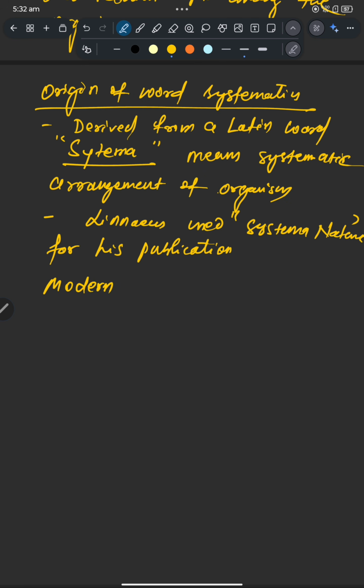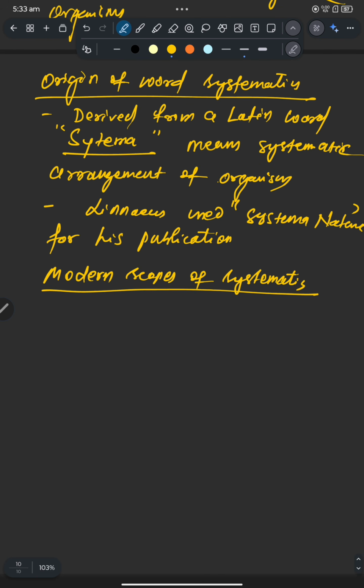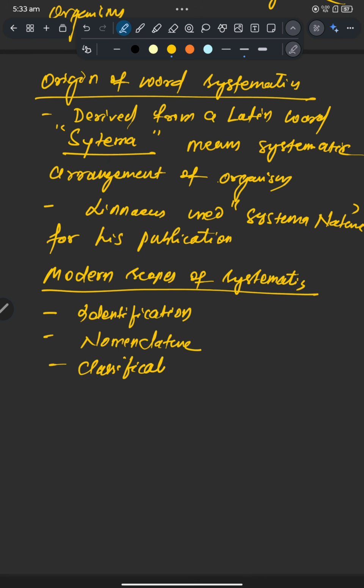Now what is the modern scope of systematics? Very, very important, children. The modern scopes are identification, then nomenclature, then classification, and evolutionary relationship.